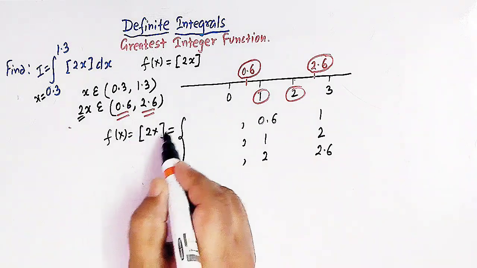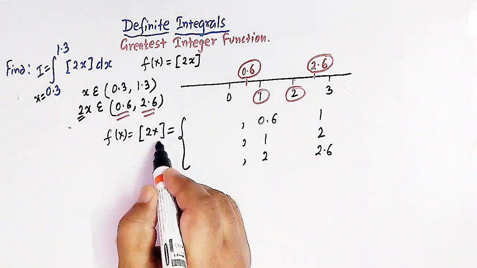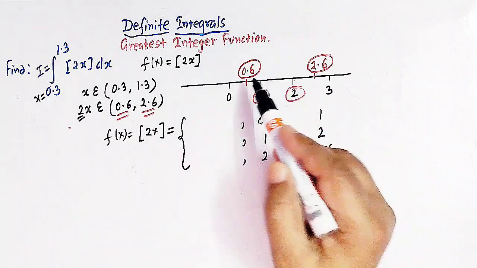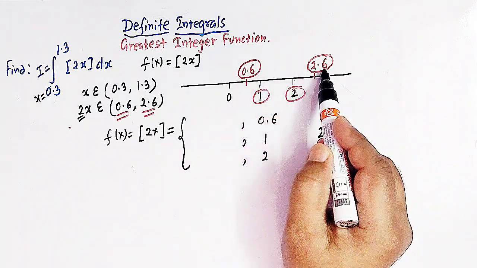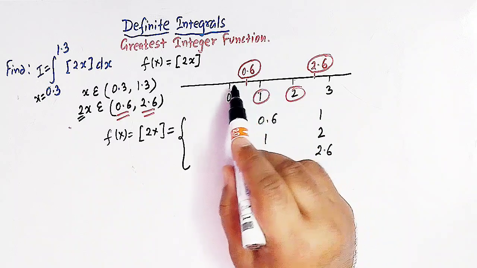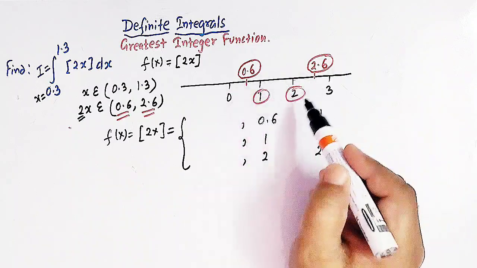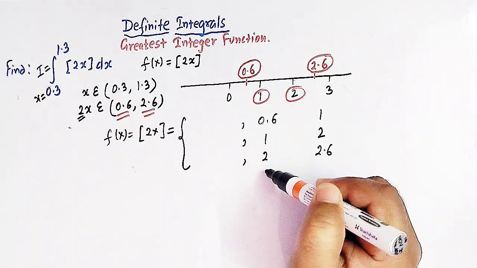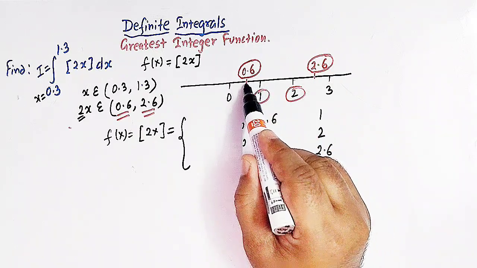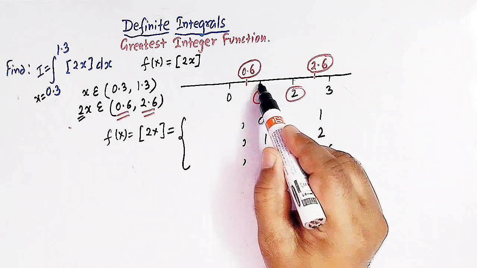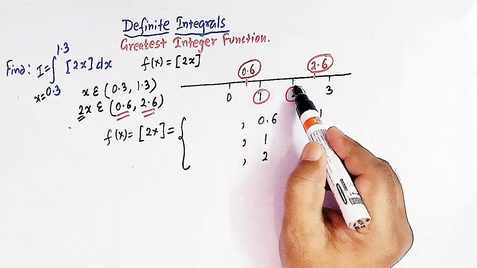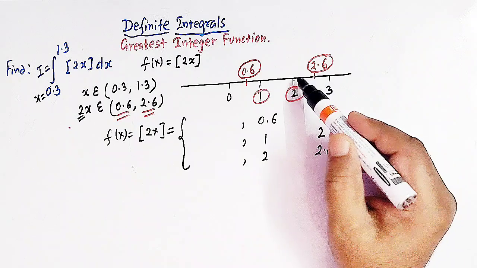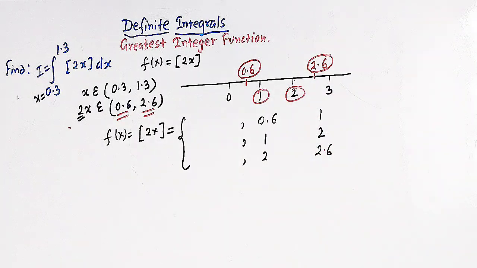So we are redefining this function, that is greatest integer of 2x, from 0.6 to 2.6, and for this we'll divide this interval into three intervals. So the first one is from 0.6 to 1, and then the second one is from 1 to 2, and the third one is from 2 to 2.6, right?